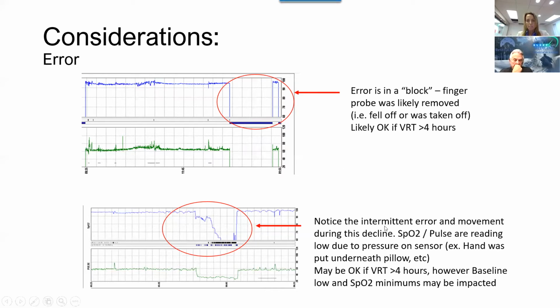So in these situations, if the rest of the test looks okay, your study may be okay. However, the baseline low and the SpO2 minimums may be impacted in these situations. So just keep that in mind if you decide to read from a test like that.